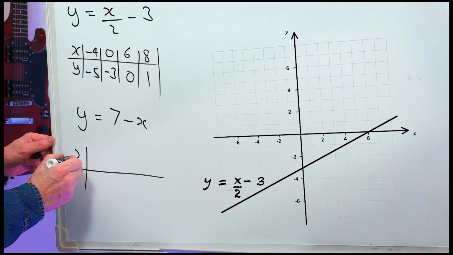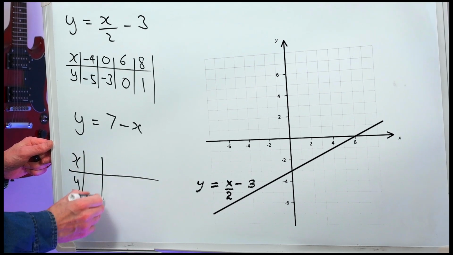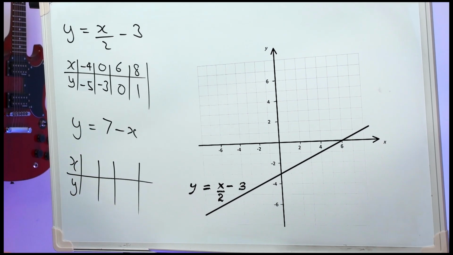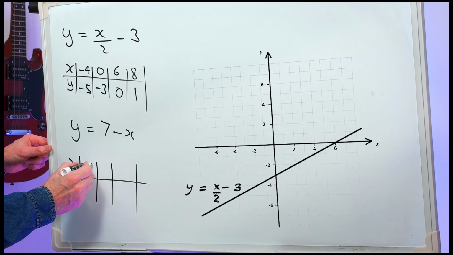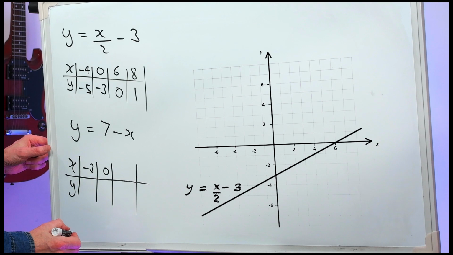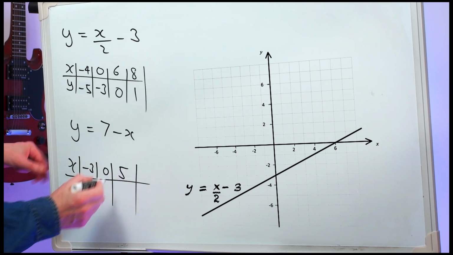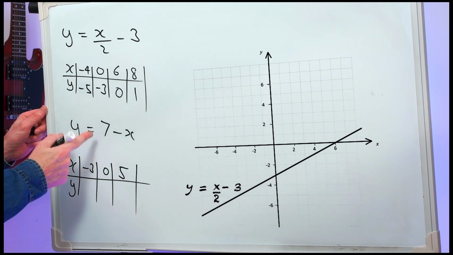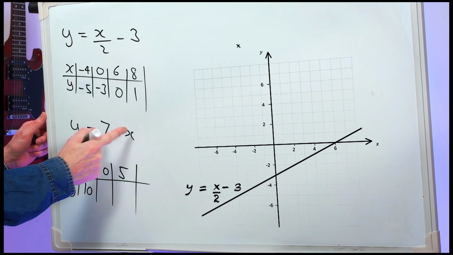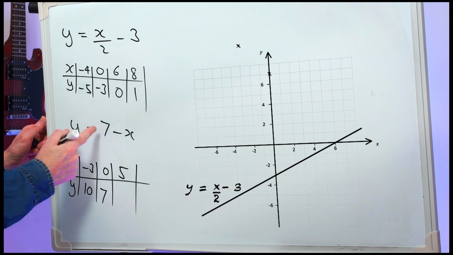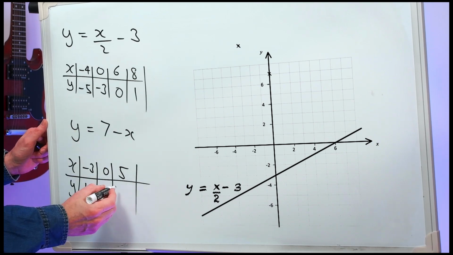So we're going to need another table of values. Y equals 7 minus x. So let's start with minus 3, 0, and 5. So 7 minus minus 3 is 10. 7 minus 0 is 7. 7 minus 5 is 2.